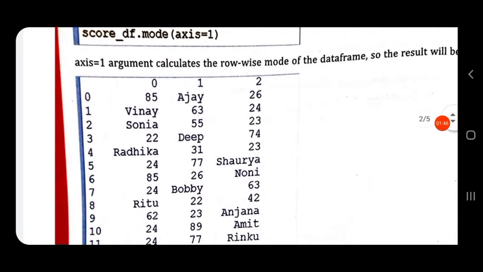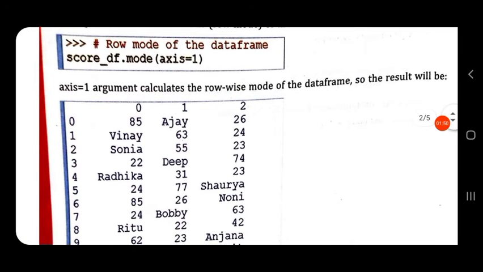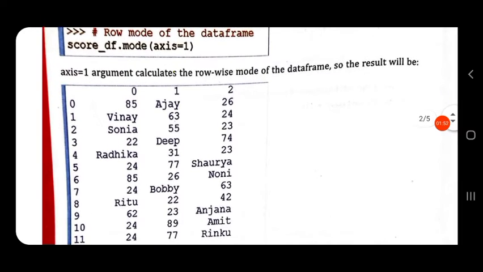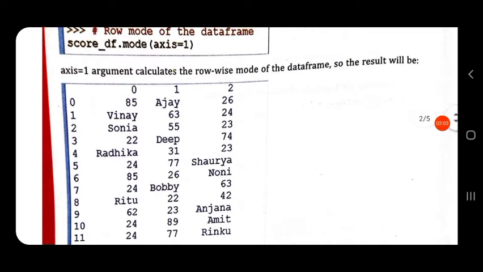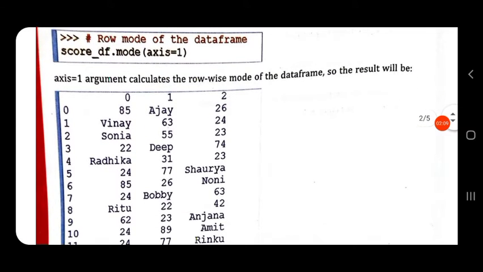So axis is equal to 1 argument calculates the row wise mode of the data frame. So the result will be the column names and in the 0th column each values. It is not in the same order as in the data frame, but the order is changed.